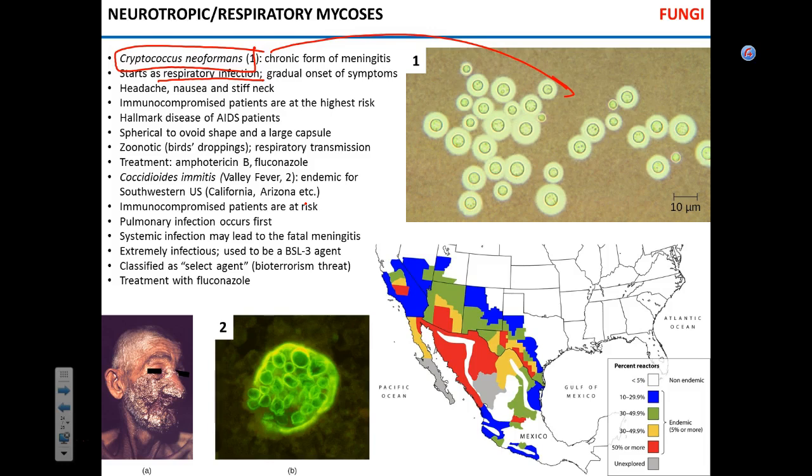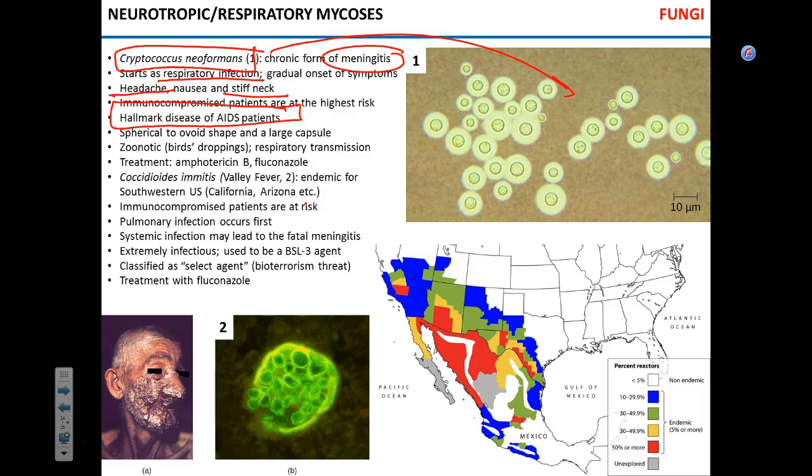And after this gradual onset, it leads to chronic meningitis, which is characterized by headache and the typical symptom of virtually all meningitis, stiff neck. Cryptococcus neoformans infection is the hallmark infection of AIDS patients.